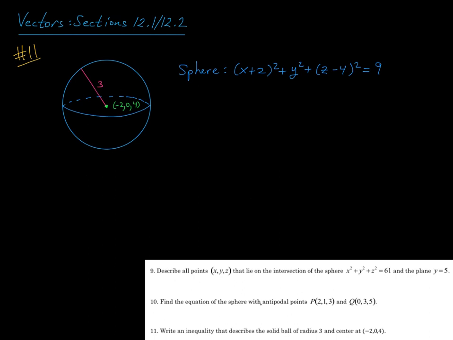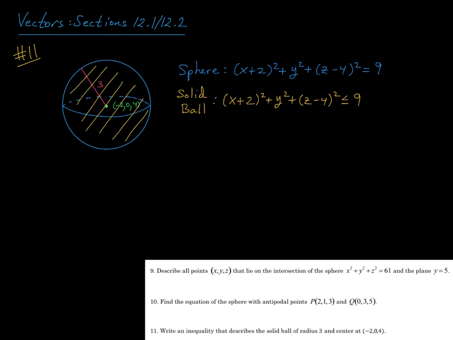So then for the solid ball, I want all points on the sphere and all points inside the sphere. So, in other words, I want everything on and inside the sphere. And so here I'm just going to replace this equal sign with a less than or equal to, okay? And that's going to do it.